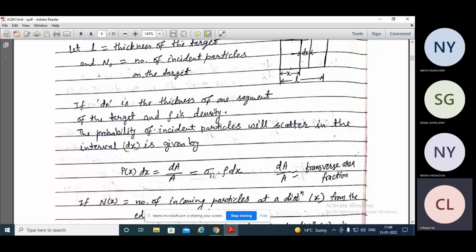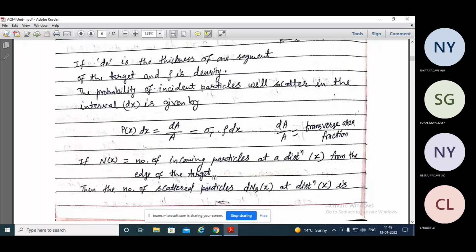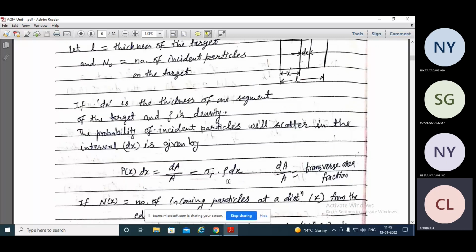So if we calculate the dimension of this term, it is a unitless quantity.